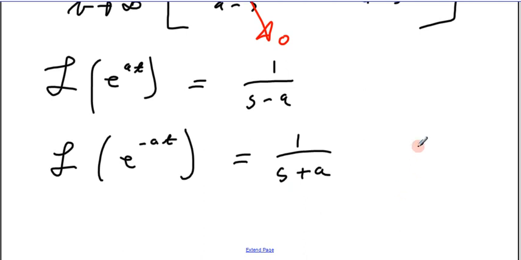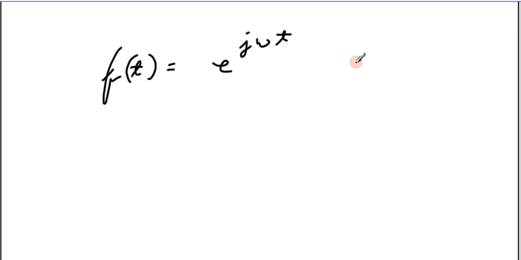Okay, so now I promised you weirdness, so now it's time for weirdness. We're going to look at, for a moment, f of t is equal to e to the j omega t. You like j, or would you rather have i? E to the i omega t.